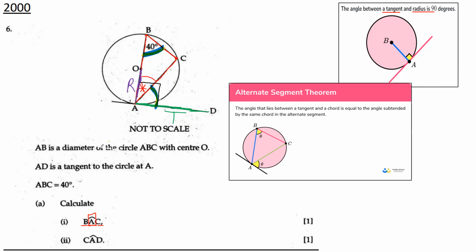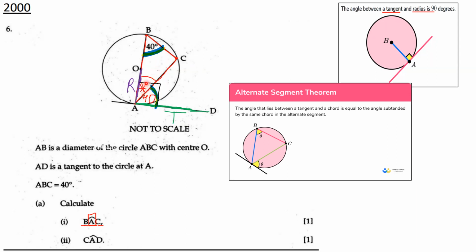If that is 40 degrees, that means that this one right there is also 40 degrees, right? Now, that's good, because if we know that this part is 40, and we know that the whole thing is going to be equal to 90 degrees, what is this part?